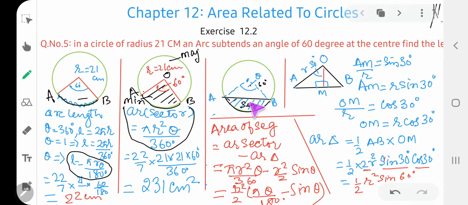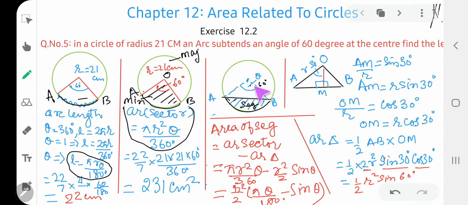To find out the area of the minor segment, first we will find out the area of the sector. This is the area of the sector OAB. And if I subtract the area of this triangle from the area of the sector, you will get the area of this segment. So children, the formula for the area of sector is now known to you.